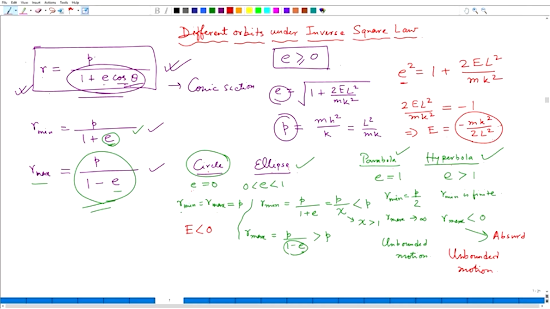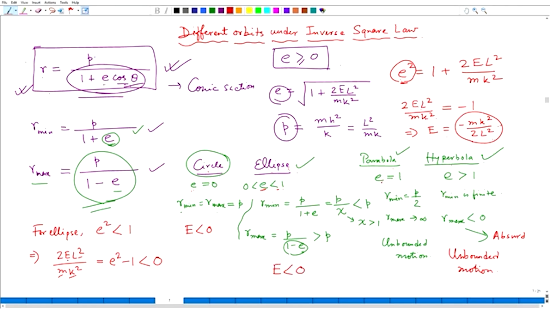So, if your E is less than 1, then E square will also be less than 1, and then for ellipse, I can simply write 2EL square by mk square is equal to E square minus 1, which is less than 0, and these all are positive. So, the only possibility is E is less than 0. So, here also E is less than 0.